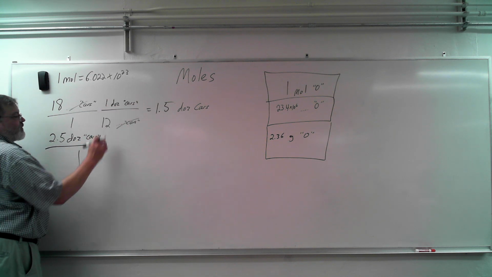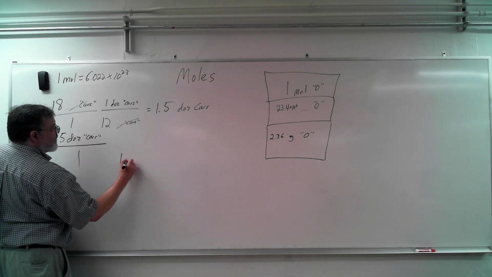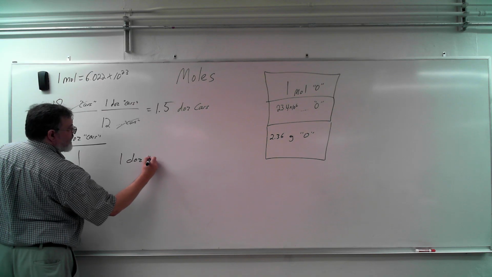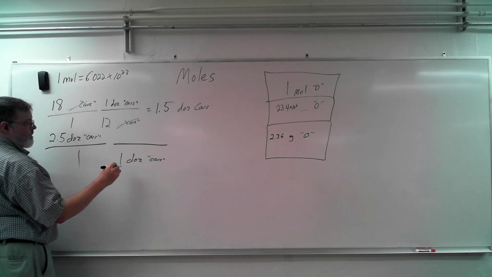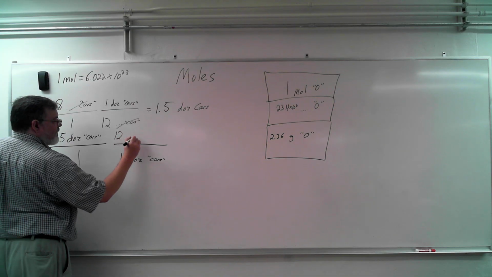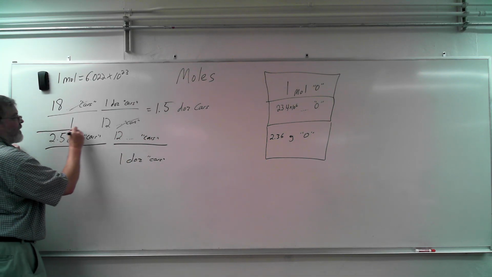You're still going to use this relationship to dozens, but now you're going to use it flipped over, where you're going to have 1 dozen on the bottom and 12 cars on top.